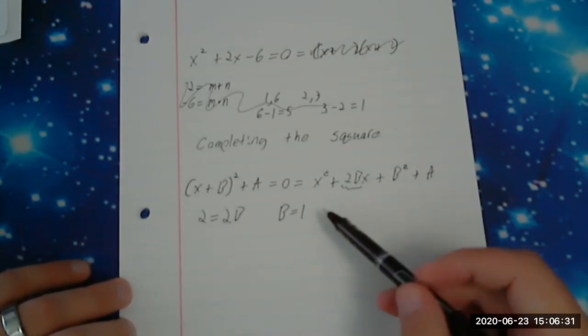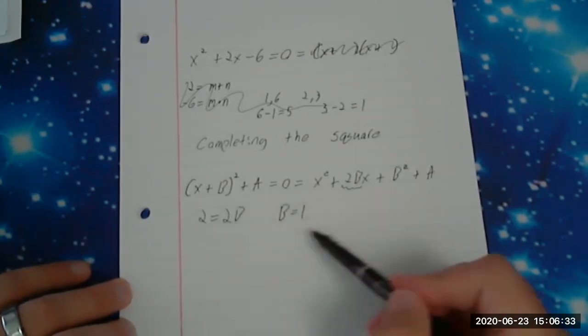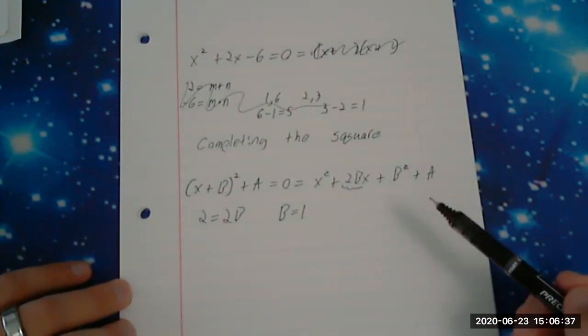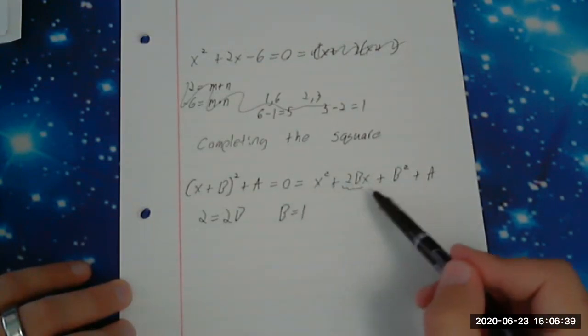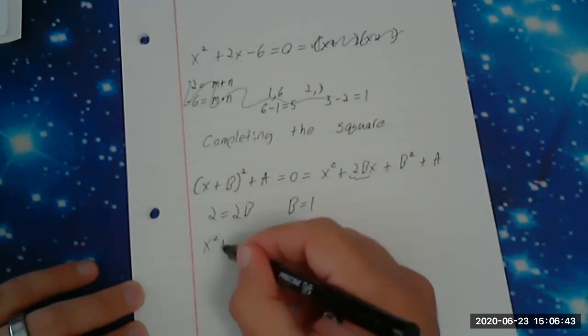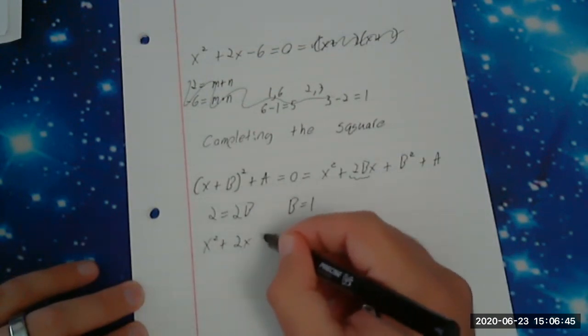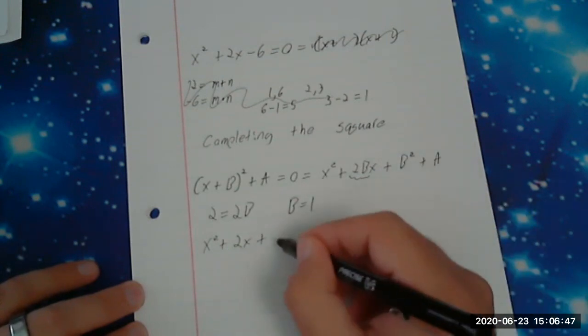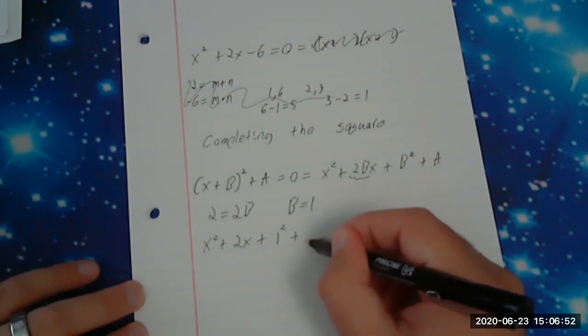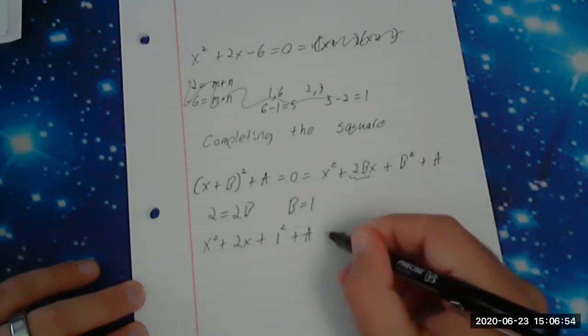Now we have to figure out, what does a have to be over here? Well, now that we know that b equals 1, we know that this is x squared plus 2x plus (1 squared) plus a.